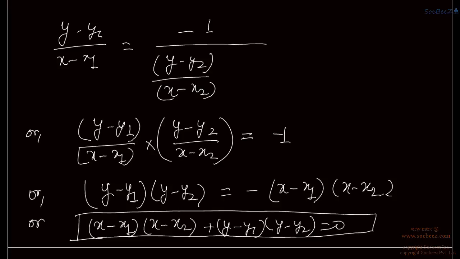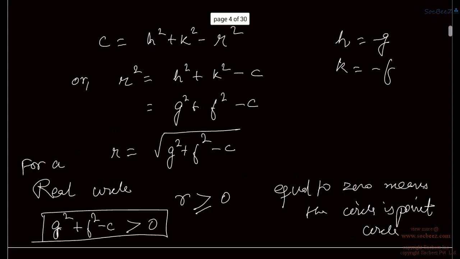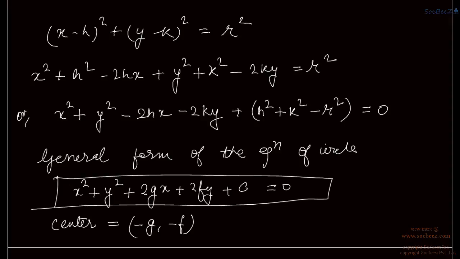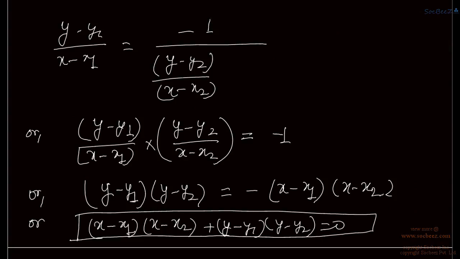If you extend this, you will get the general form as x square plus y square plus 2gx plus 2fy plus c. So this relation (x minus x1)(x minus x2) plus (y minus y1)(y minus y2) is equal to 0 is the relation which represents a circle, with x1, y1 and x2, y2 as diametric endpoints.